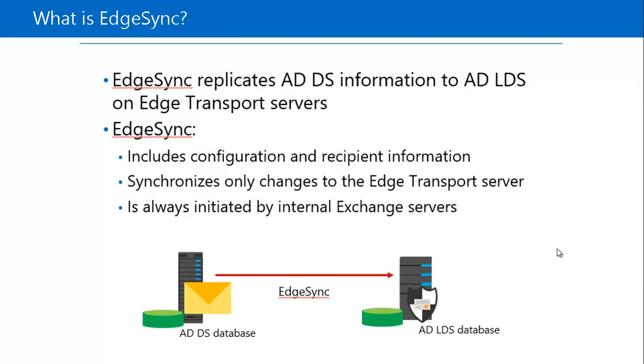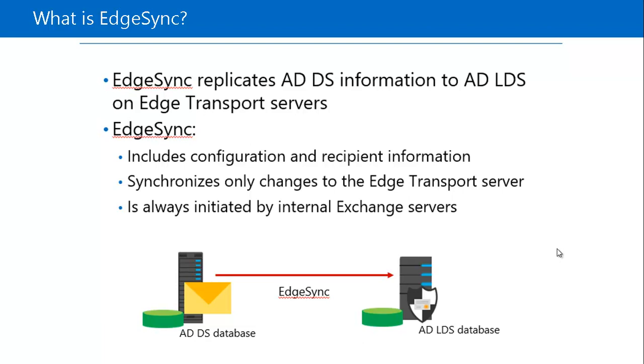So what is Edge Sync? Edge Sync is a process that replicates information from ADDS to ADLDS on Edge Transport servers. Because Edge Transport servers are not joined to the internal Active Directory domain, they cannot directly access the Exchange server organization configuration or any recipient information which is stored in your Active Directory system.